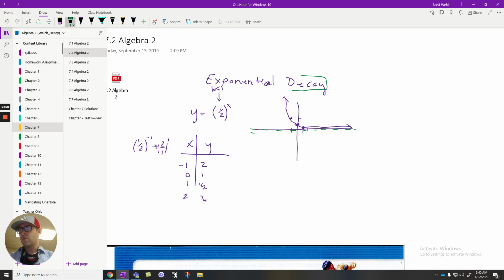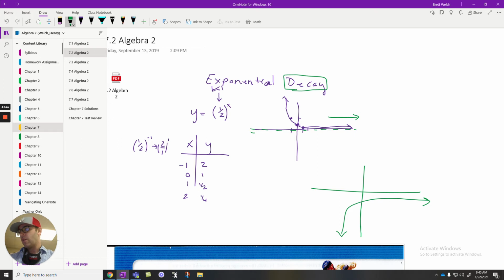Here's the deal with decay. This is really important: we need to understand the difference between growth and decay. As we go to the right, what's happening to the graph? Don't say that it's going down or that it's going up, because decay graphs can also look like this. This is also a decay graph.